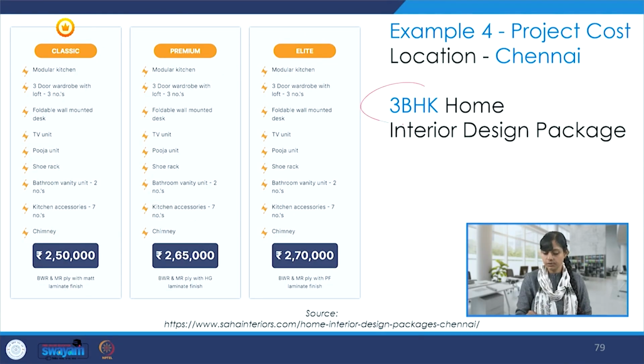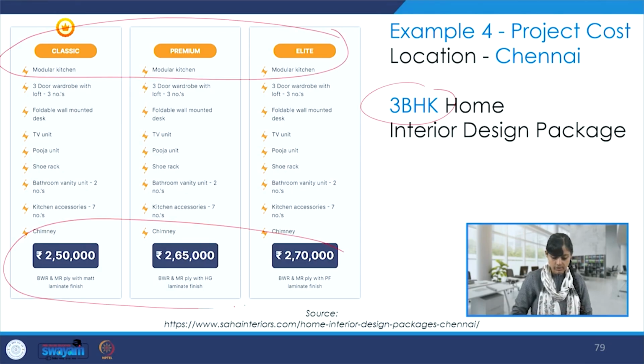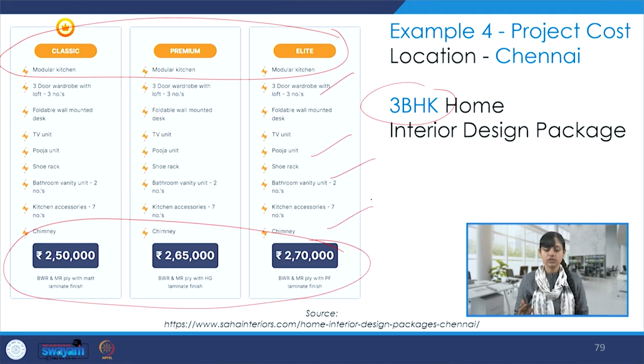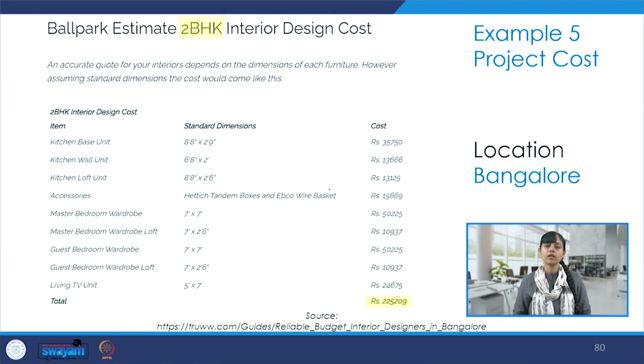And this is for the 3 BHK, again for 3 categories. And we see over here the idea of price. So there are details like chimney, kitchen accessories, modular kitchen, and so on. And this one is located in Bangalore.